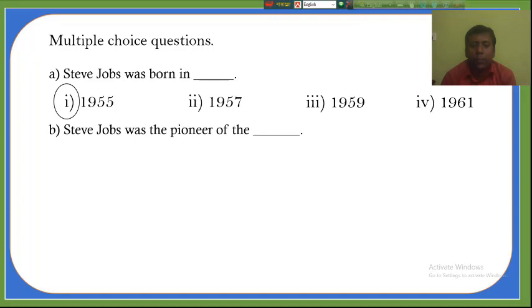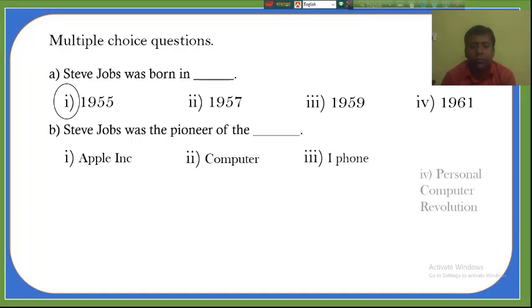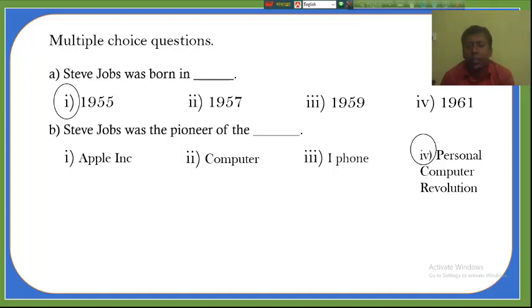Then, Steve Jobs was the pioneer of the options. The answer is personal computer revolution. Steve Jobs was the pioneer of the personal computer revolution.